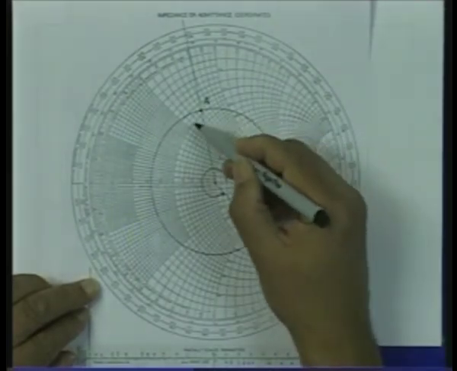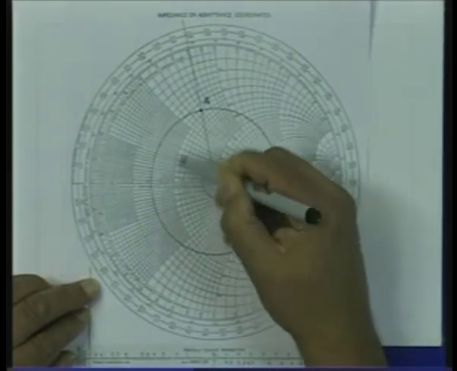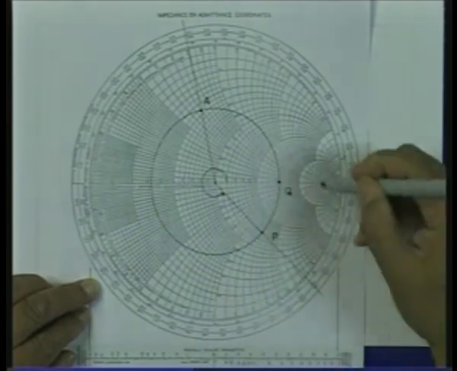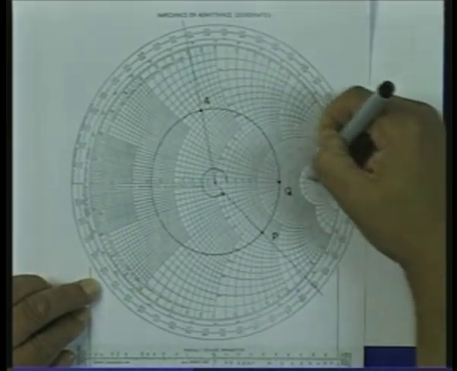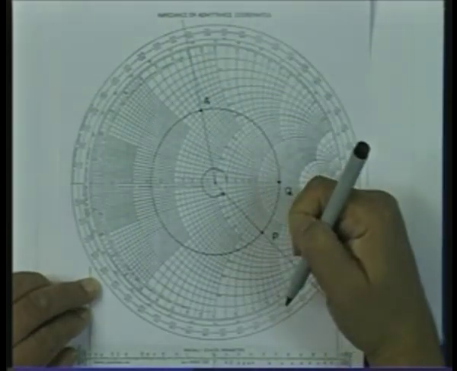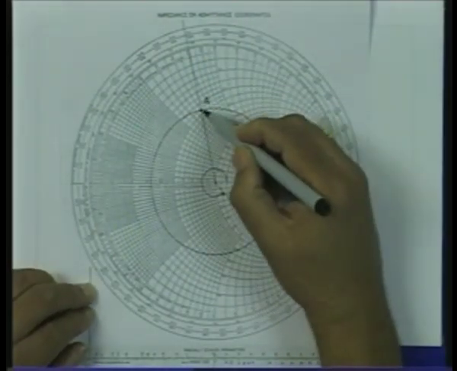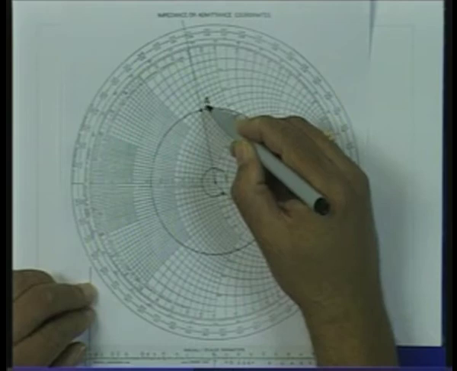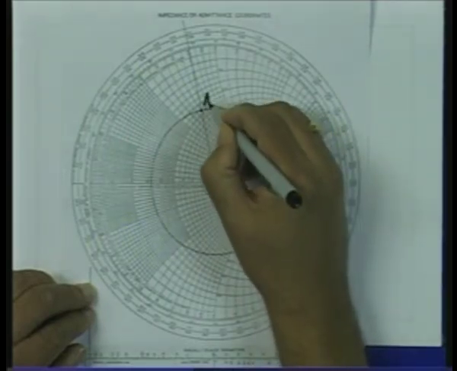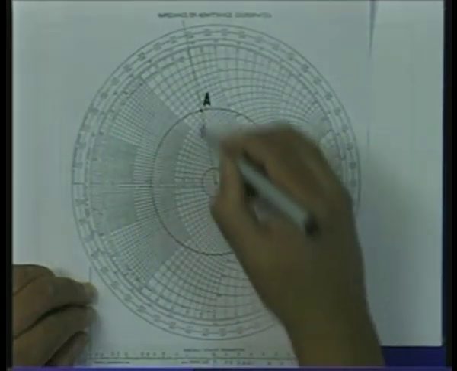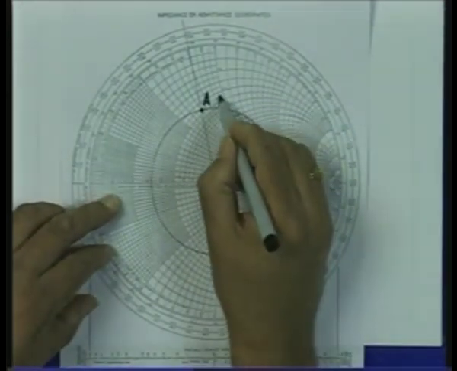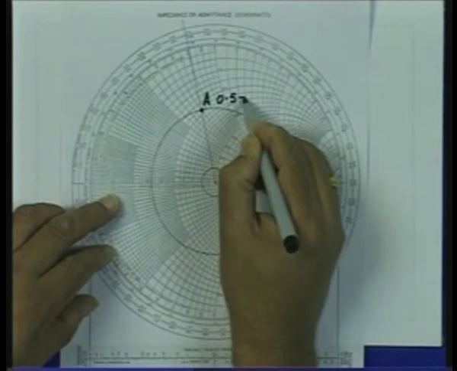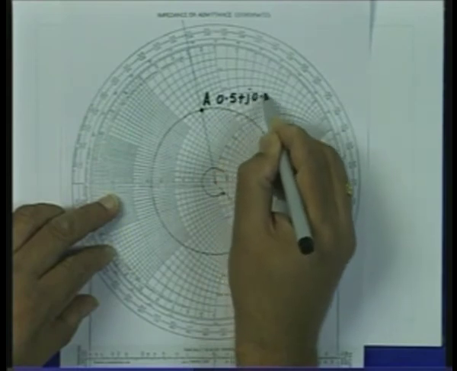So, this R is 0.5 and this X is 0.7, this circle. So, the intersection point of these two, which is point A, this point now represents a normalized impedance of 0.5 plus j0.7.